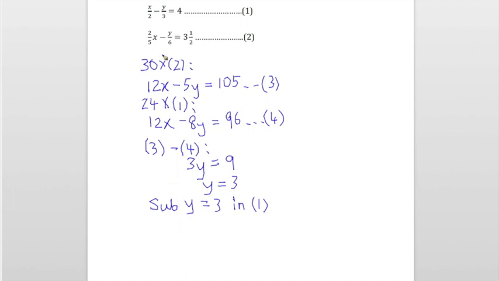That is, y is 3, so we have x over 2, 3 over 3, which is 1, equals 4. And this works out to be x is 5 times 2, 10.